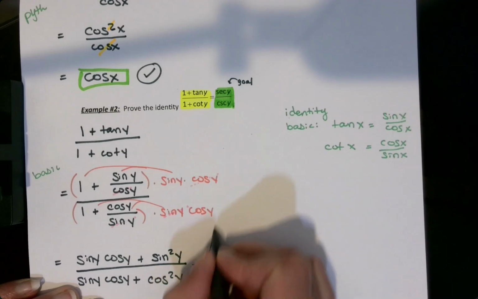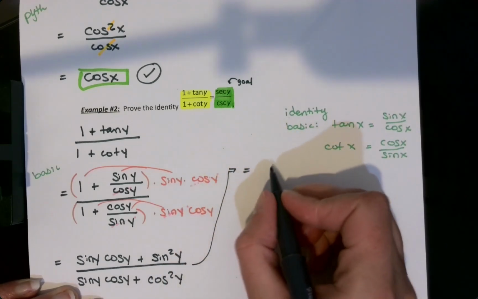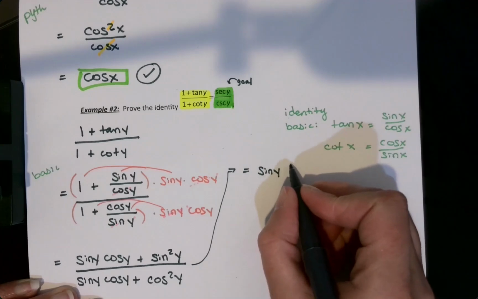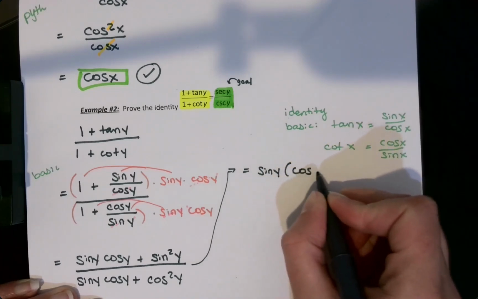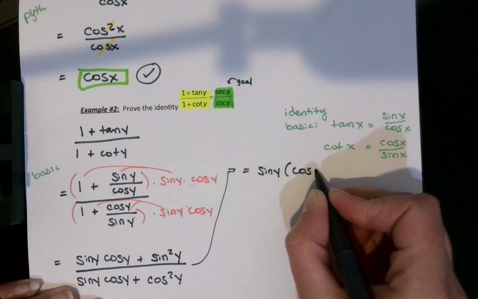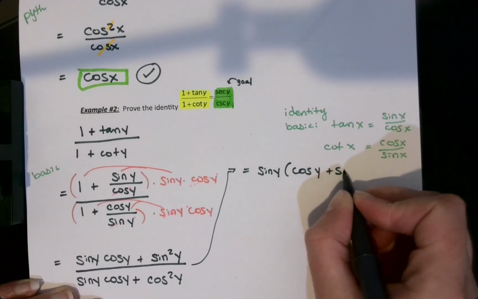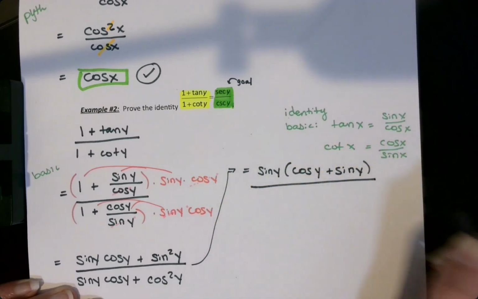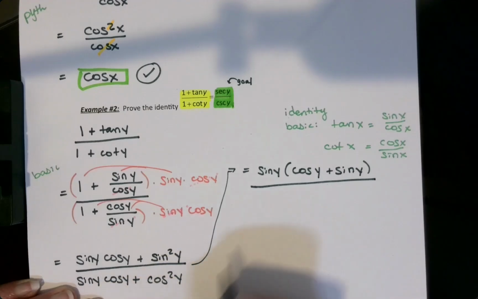So we're going to come up here. There is a sine y in common across the top, and I would have cosine of y plus sine of y left if I factor that out. And across the bottom, both of these terms have cosine of y.